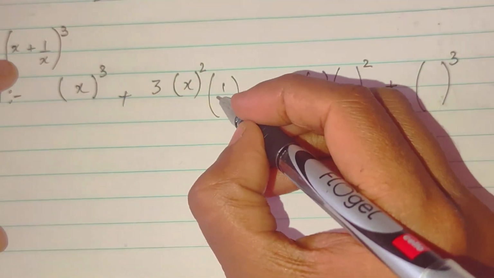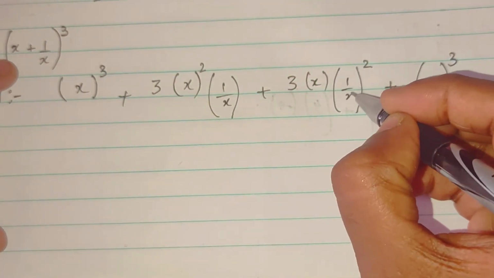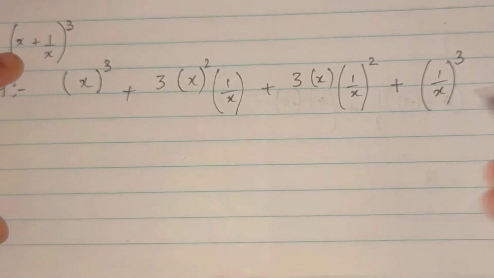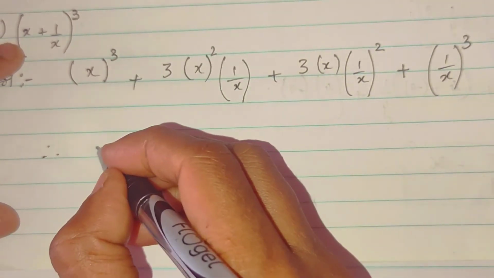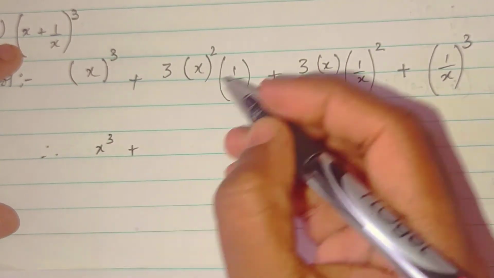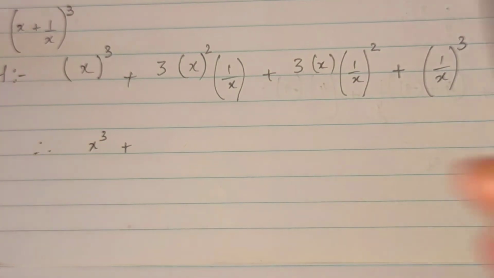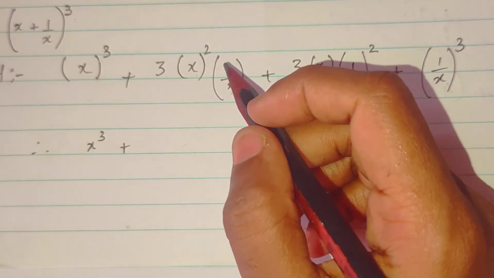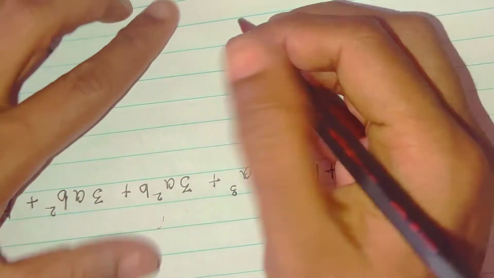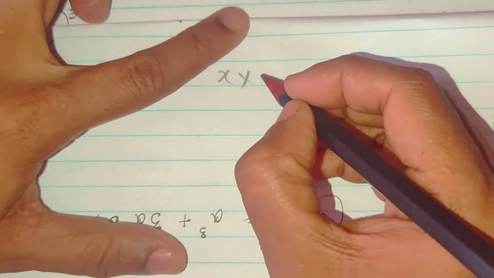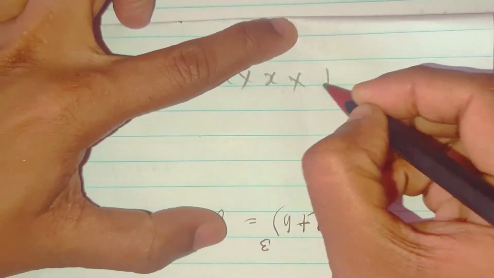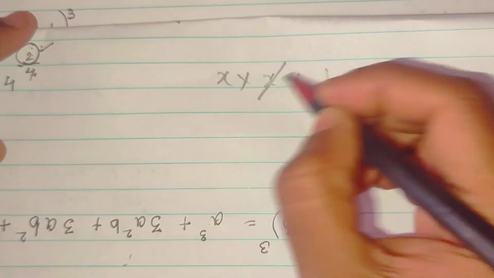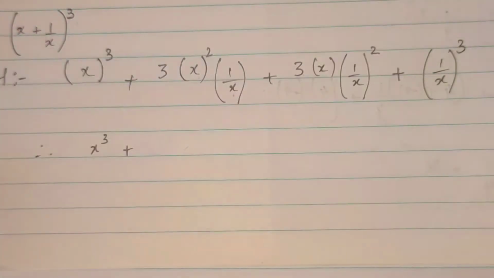Your b is what? 1 upon x. So x cube. Now see here x square and in the denominator, this is in multiplication form. So it is something like this, x into 1 upon x. So x cancels.